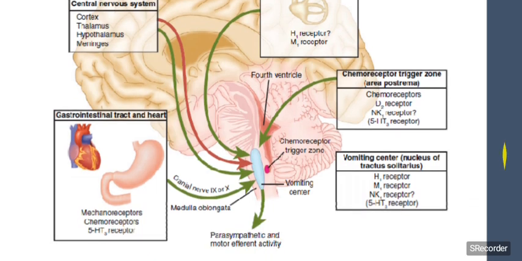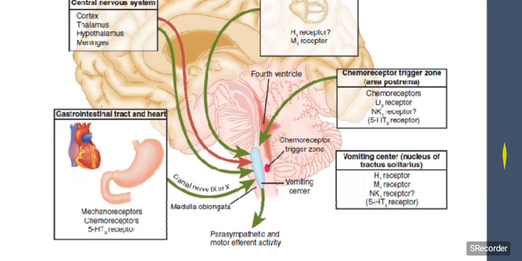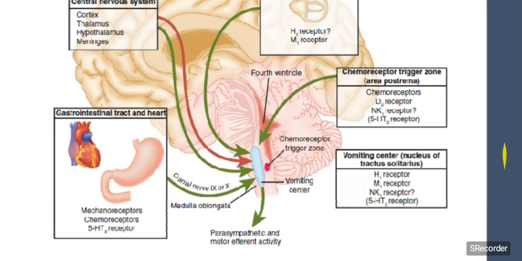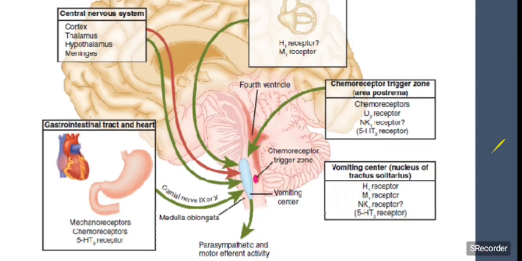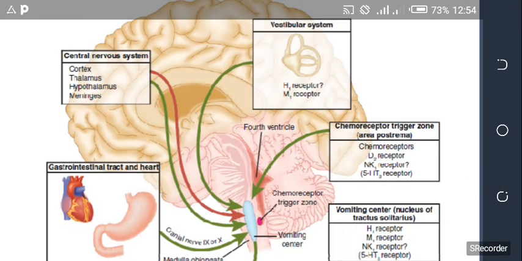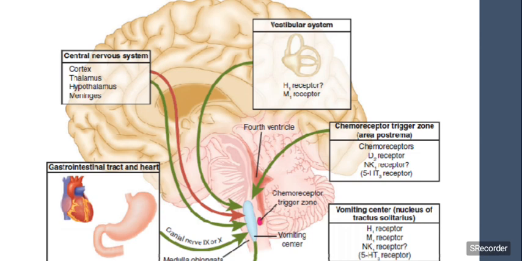Another source can be the gastrointestinal tract and the heart. There we find most of the 5-HT receptors. And lastly, it can be from the chemoreceptor trigger zone. There we find the D2 receptors, NK1 receptors, and 5-HT3 receptors.